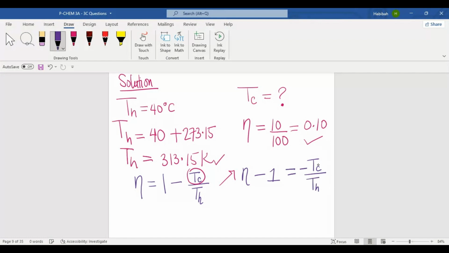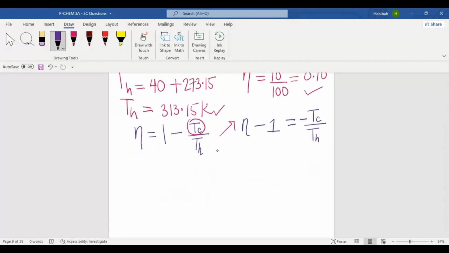So when we have this, we can simply substitute what we have.